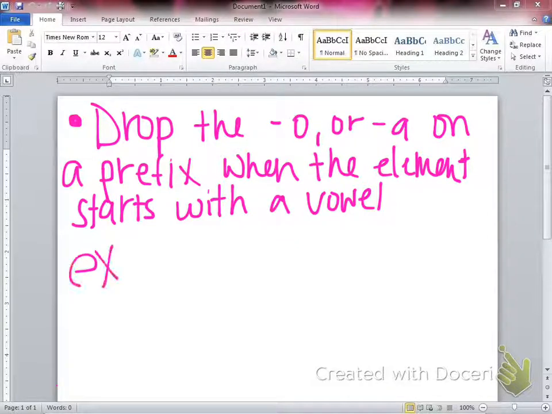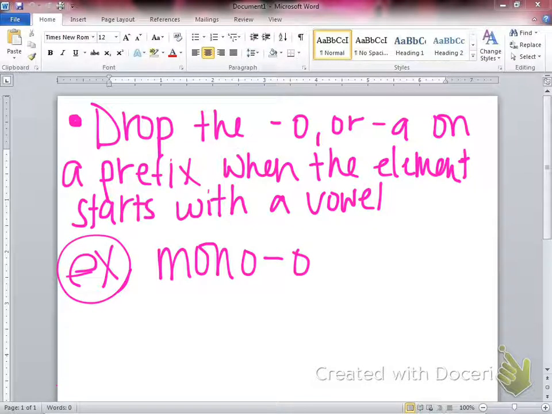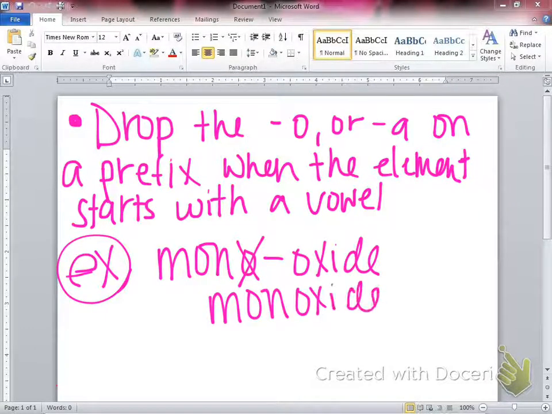So for example, if we were looking at monoxide, we don't call it monooxide, right? We drop this O here and we call it monoxide. Okay?